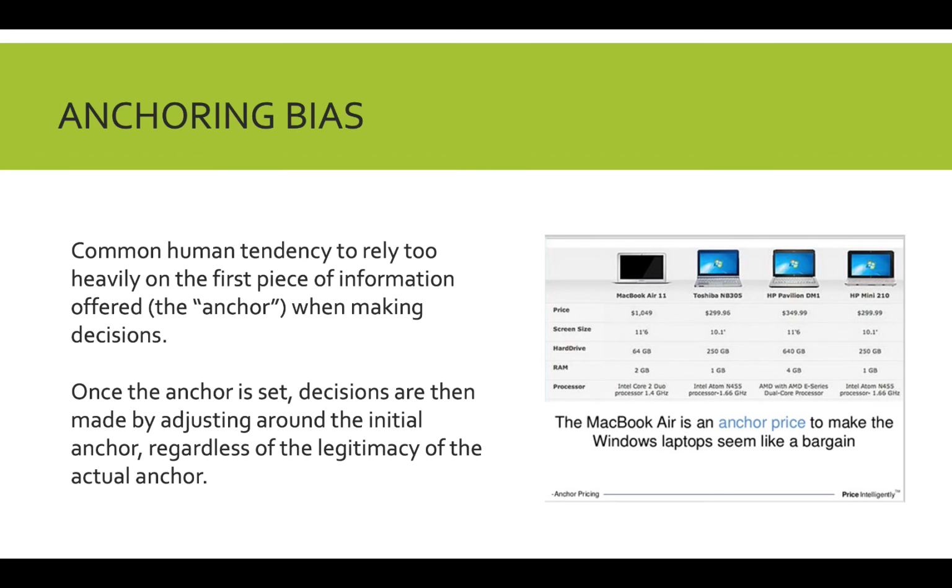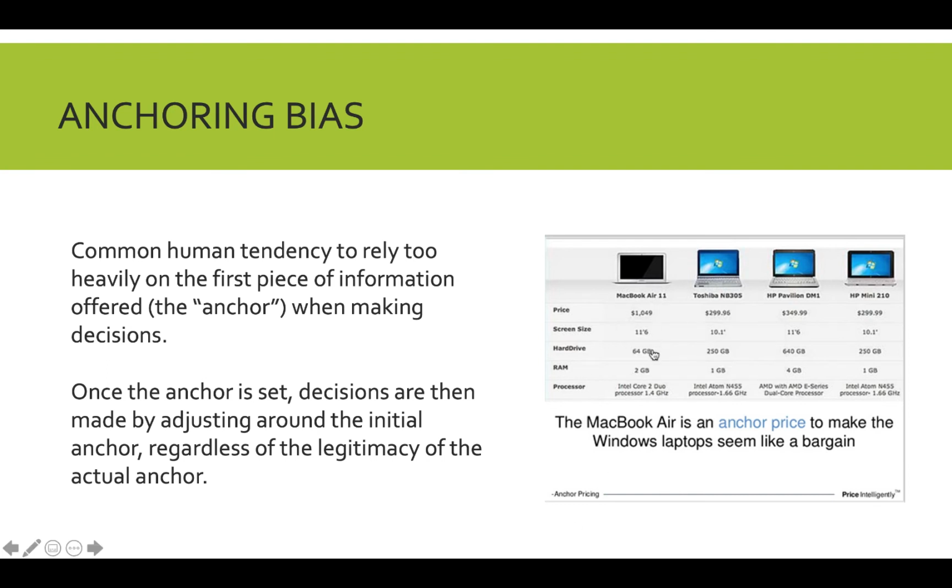Common human tendencies to rely too much on the first piece of information we see. So if you look at the MacBook Air here, the MacBook Air is used as an anchor price. It's over $1,000. So this is an ad for PC-based laptops. They're going to show you the most expensive price of a product first, and you're going to anchor that in your head and think everything after that is going to be reflected upon this price.